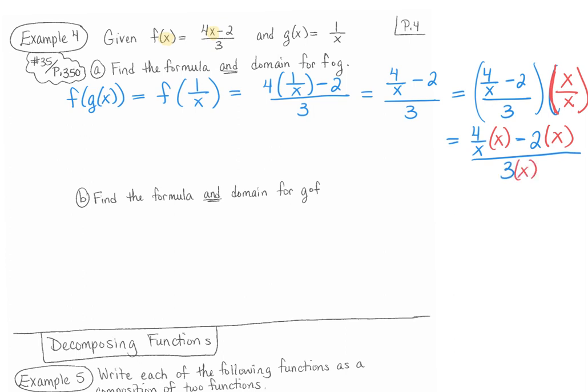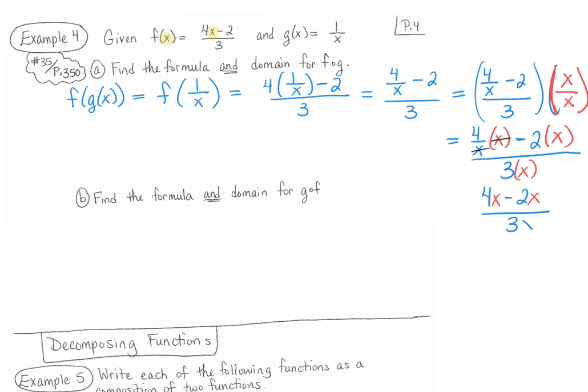Good. So these x's here cancel out, and that leaves us with 4 minus 2x all over 3x. Wait a minute, is that 4x?